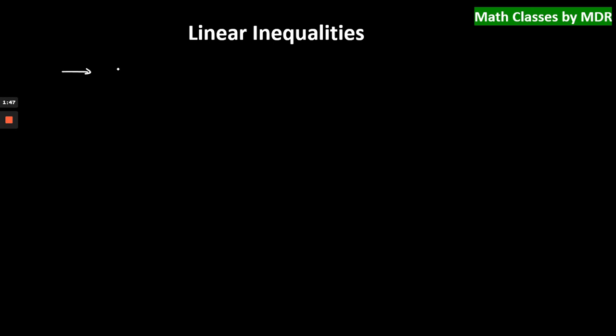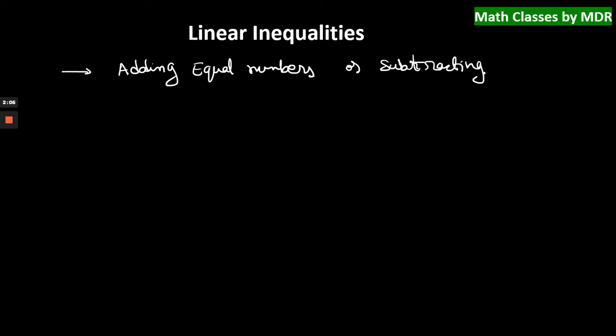So adding equal numbers on both the sides, or subtracting equal numbers from both the sides. This is one thing we do when we are trying to solve a linear equation.